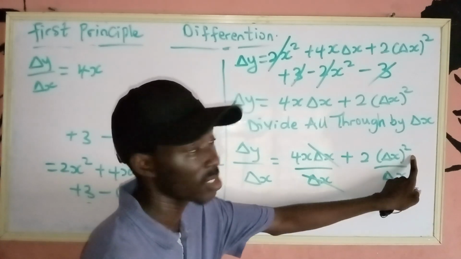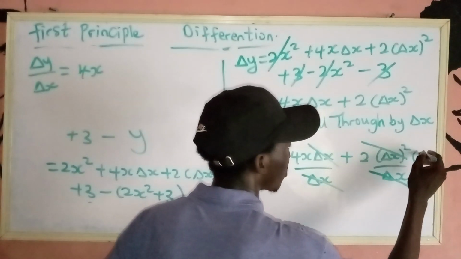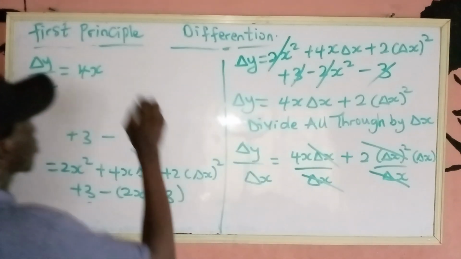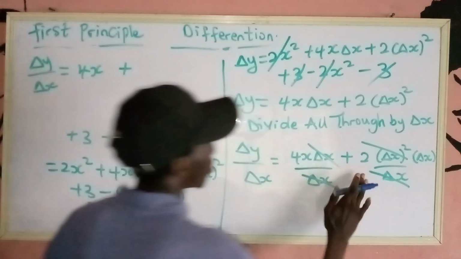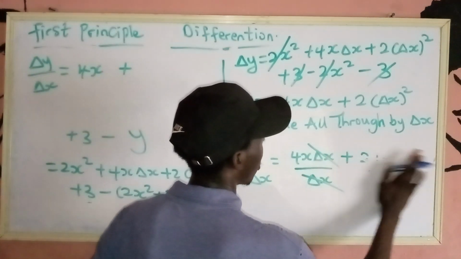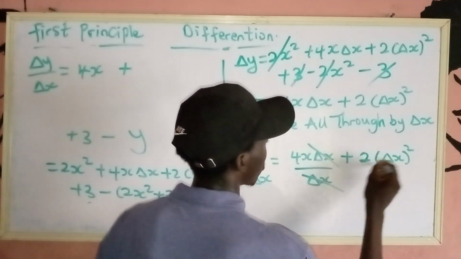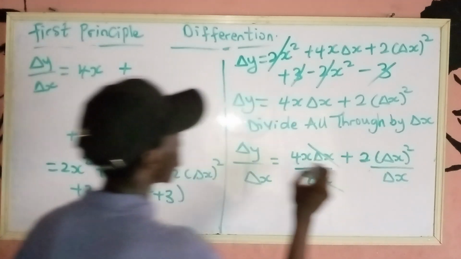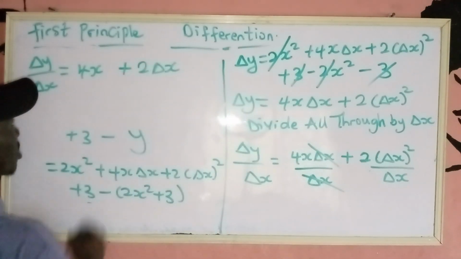So this can go in this and be left with 1. This cancels this, you will be left with dx. So you have plus, okay, don't let me cancel it. Let me leave it as 2 over changing x. So this in this you are left with 2 changing x.